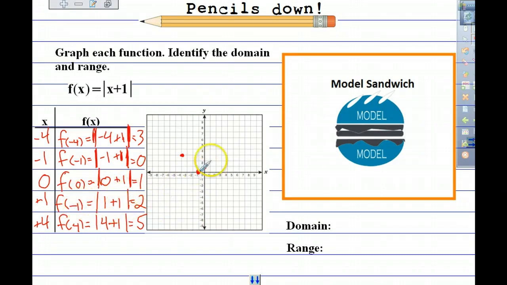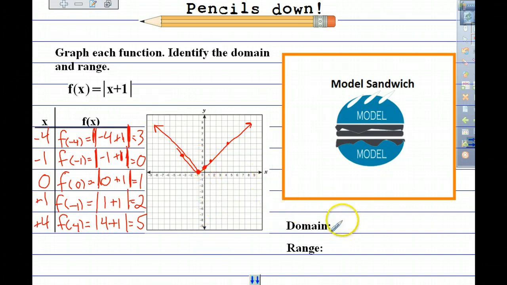Positive 1, so positive 1 and 2. And 4, 5. And then since you know what the shape generally looks like, you can go ahead and do this. Of course, you use a straight edge here.